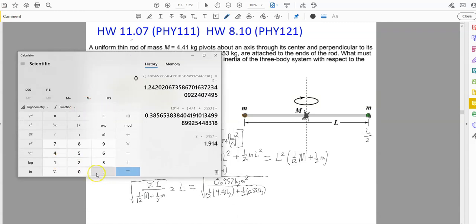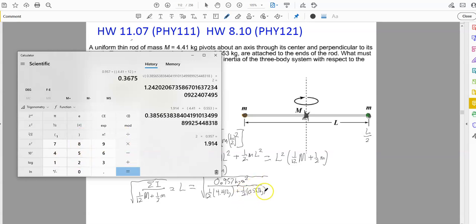So that's going to be 0.957 divided by parentheses 4.41 divided by 12. Actually, I'm going to put 2 parentheses. 4.41 divided by 12 in that parentheses.